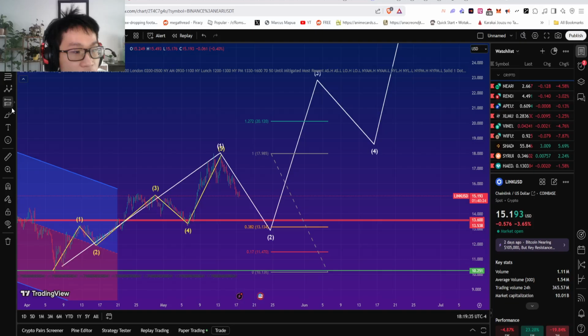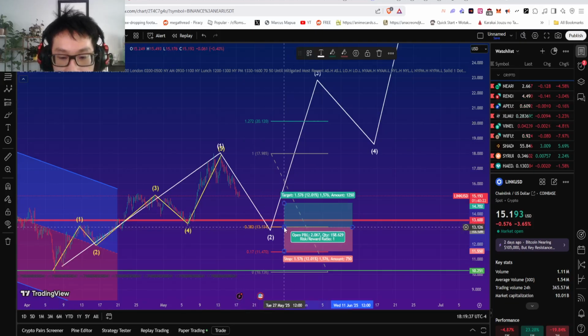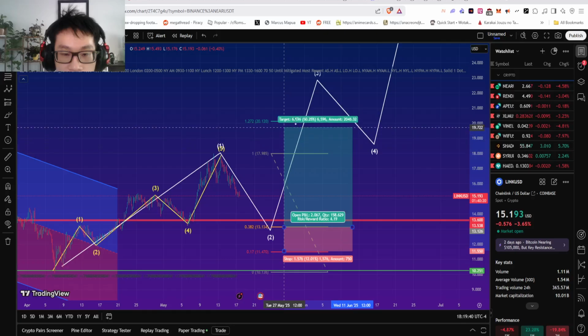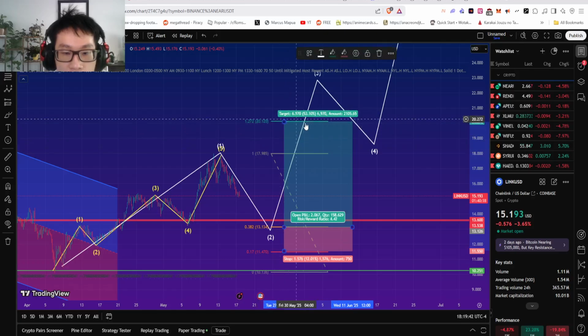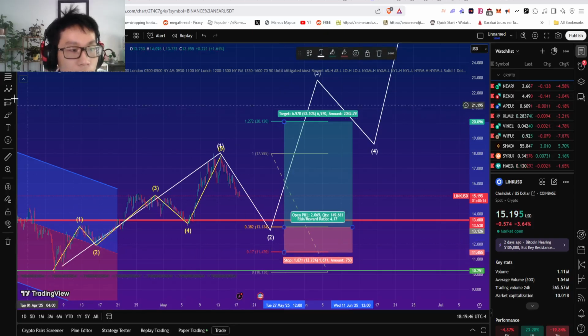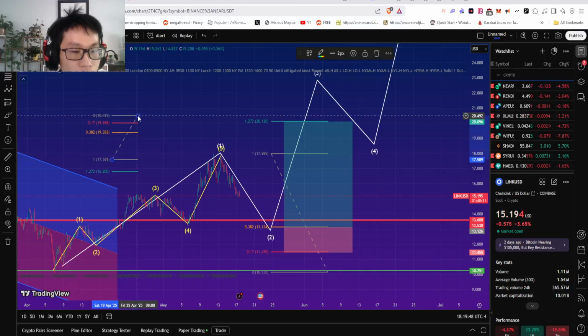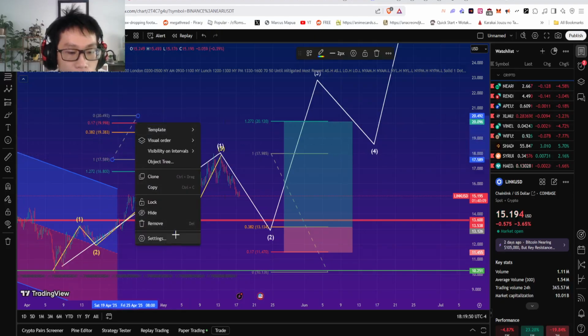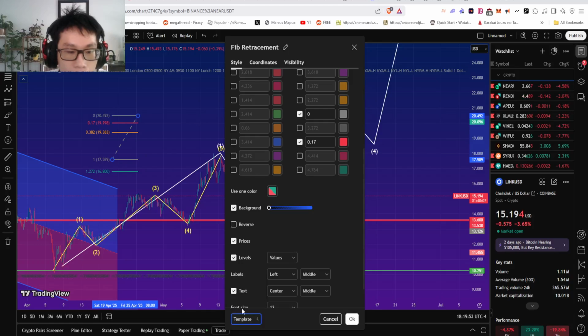If I were to take a swing play, kind of like my XLM idea, we could target here. So $20, I'll say we could start selling, taking profits, right? And if we go above, right, our technical target.